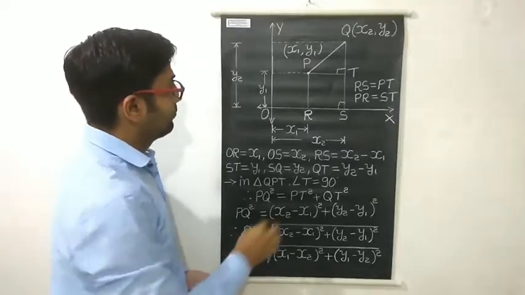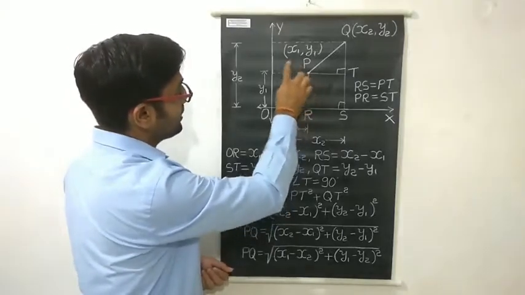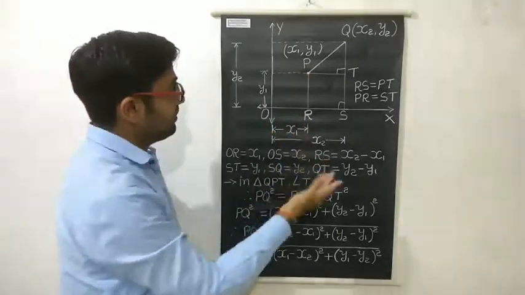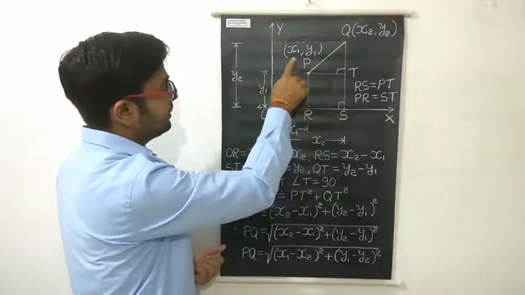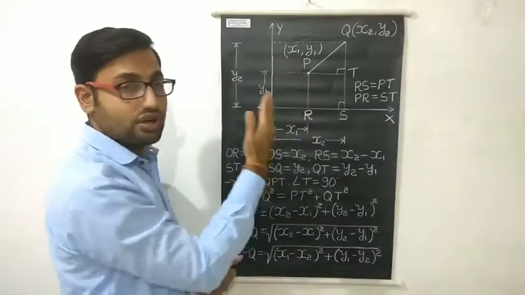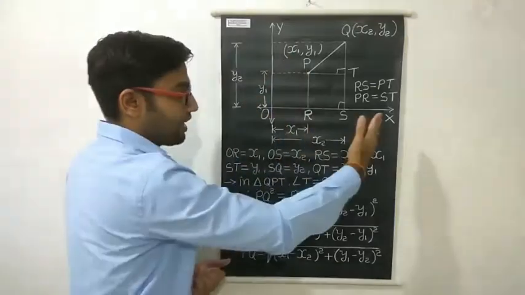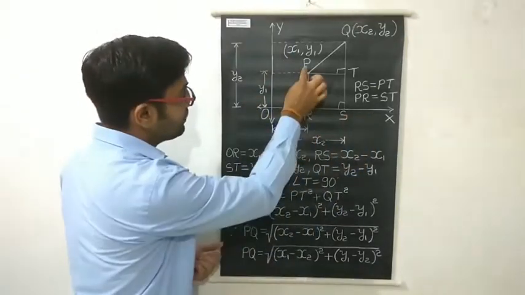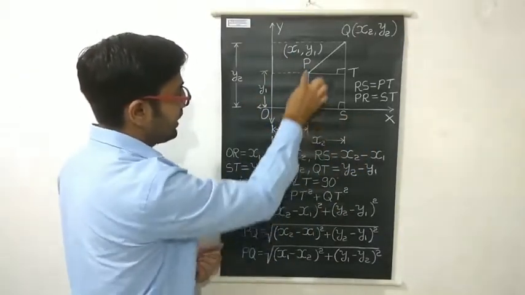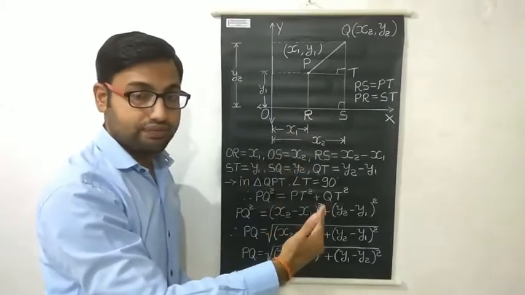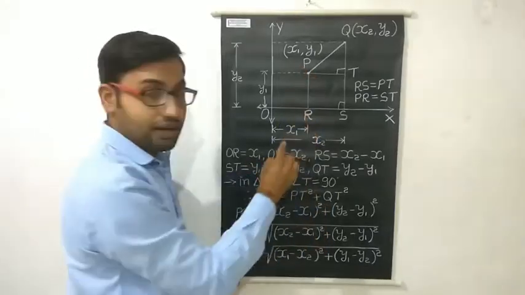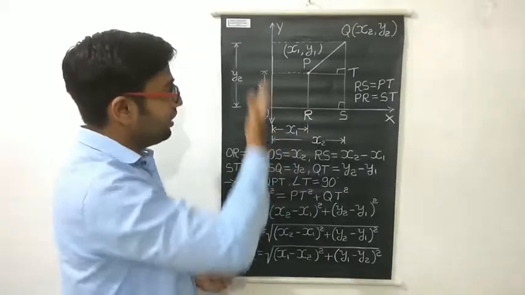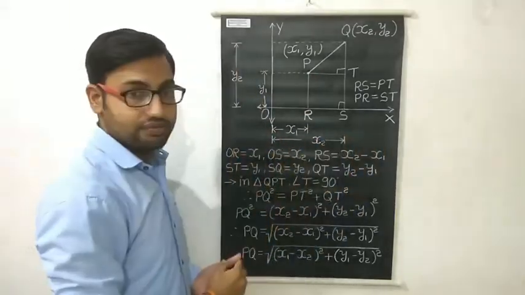Now the coordinates of this point are x1, y1. That means this point is x1 distance away from the y-axis. So this point and this point have the same x coordinate, because both points P and R are at equal distance from the y-axis.